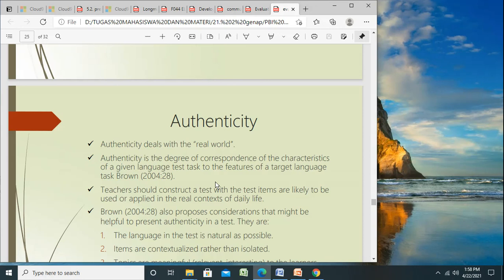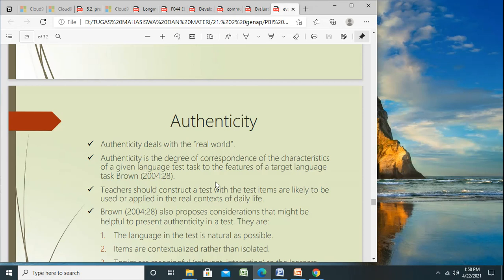Jadi ketika kamu membuat soal ke siswa kalian, jangan sampai hanya mengetes tentang teori saja atau mengetes tentang grammar saja, tapi harus dikoneksikan, direlatedkan, dihubungkan dengan real world-nya, dengan kehidupan mereka sehari-hari.